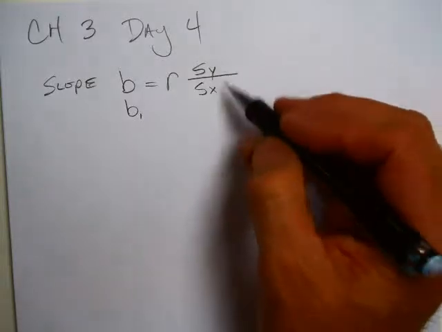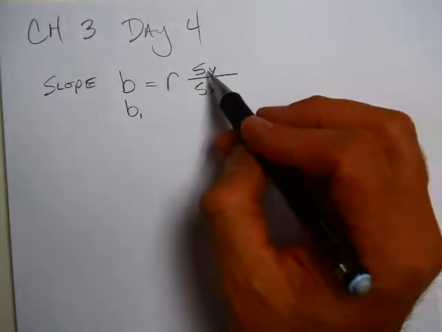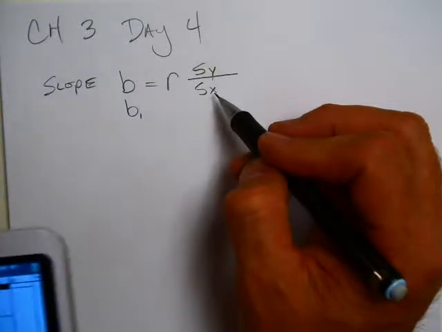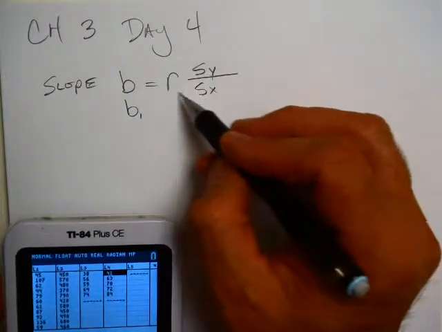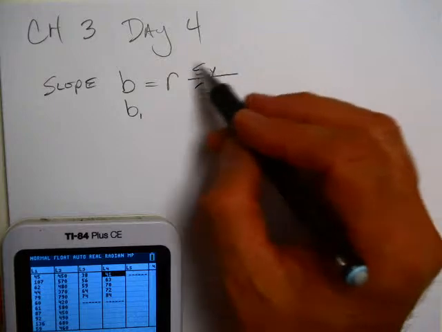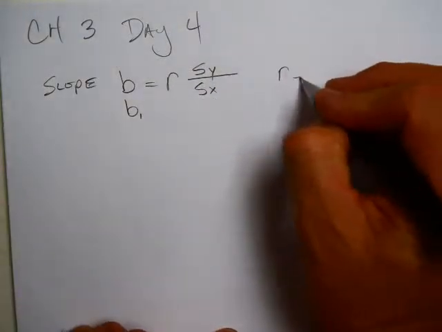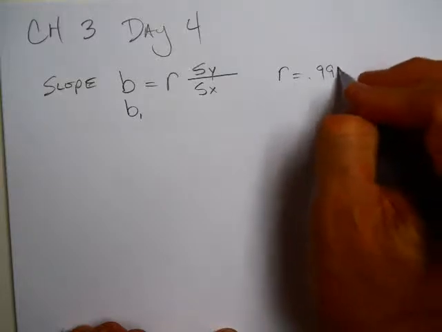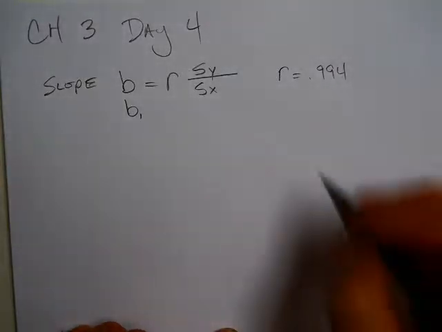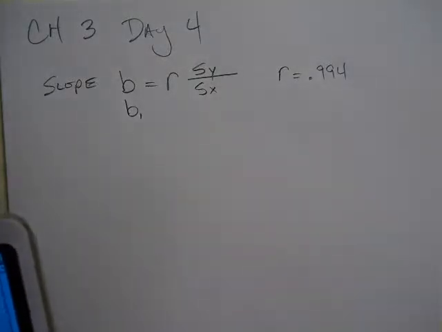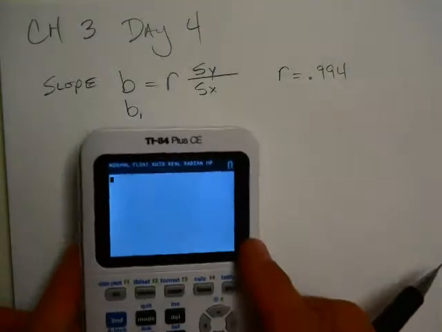Remember, slope is y's over x's, so this is the standard deviation of y over the standard deviation of x. So I'm going to take and get these values. Now I happen to know that R in this case is 0.994. It's rounded a little bit, but it's rounded correctly at the thousandth. I know that because we did that about 15 times, I think, or at least I did.